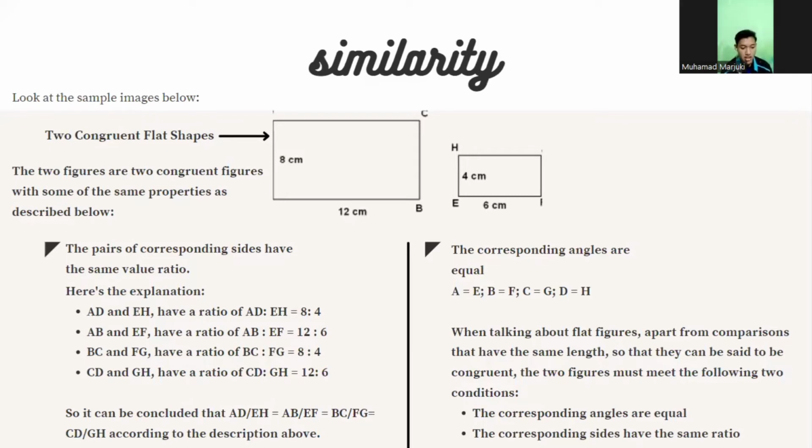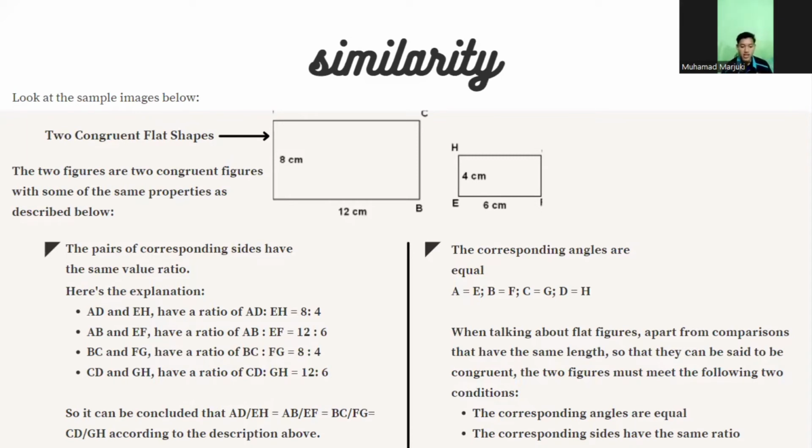So it can be concluded that AD to EH equals AB to EF equals BC to FG equals CD to GH, according to the description above.